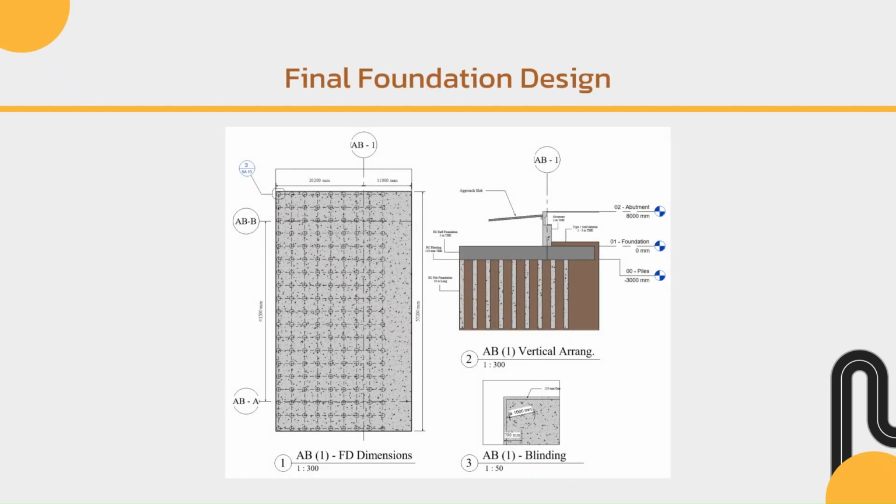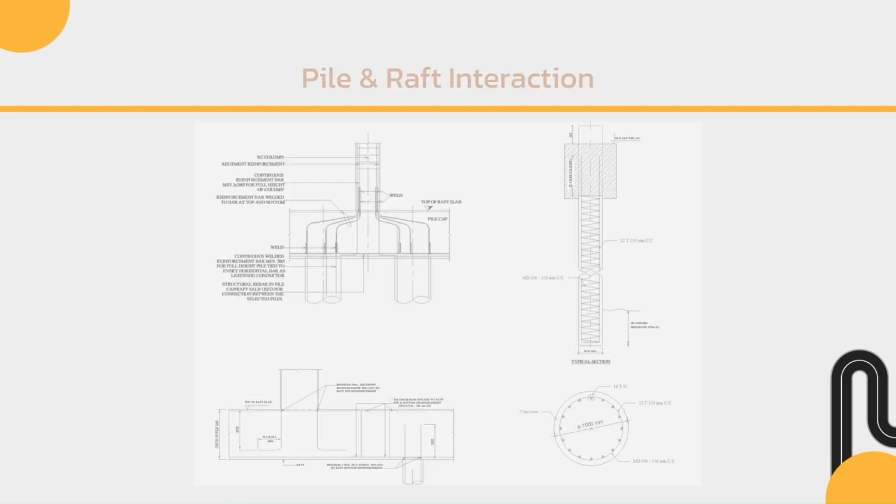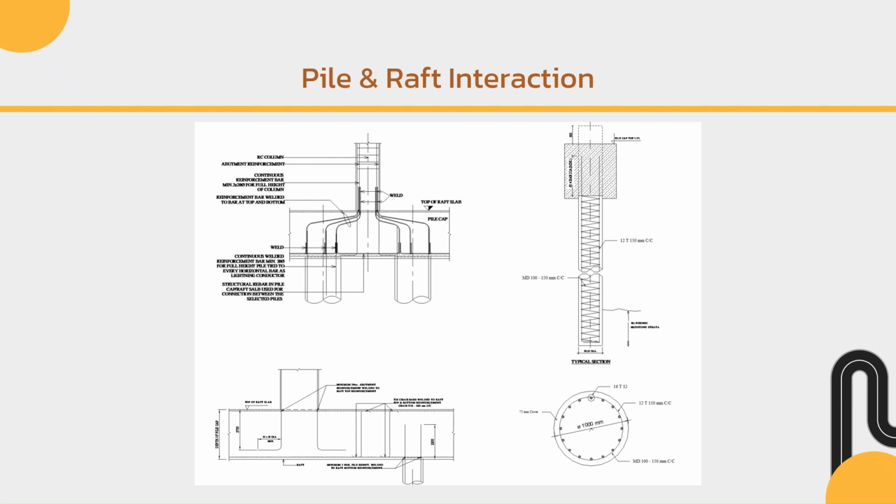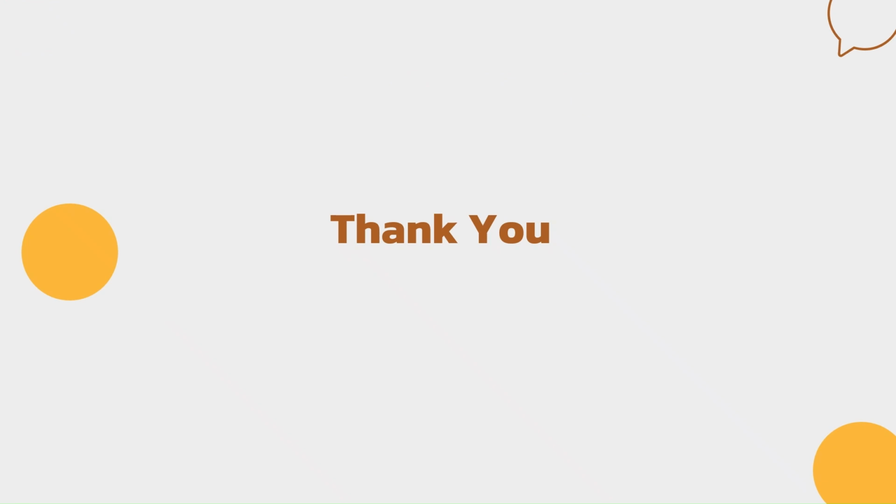Example of our structural detailing for our substructure: a 3-meter thick raft, 171 piles, 8-meter high abutment, 2 meters thick, and 2D structural detailing for the substructure, pile and raft. By the end, thank you.